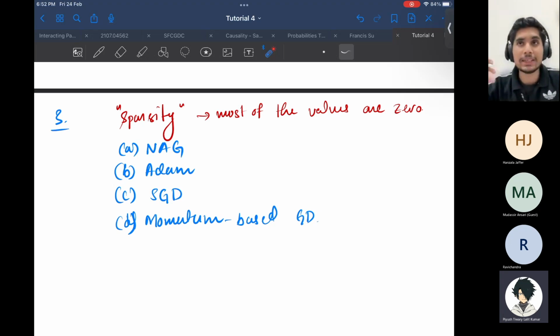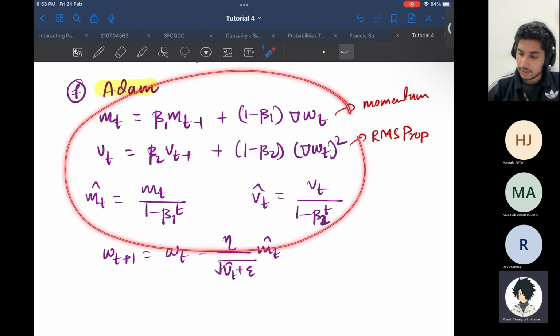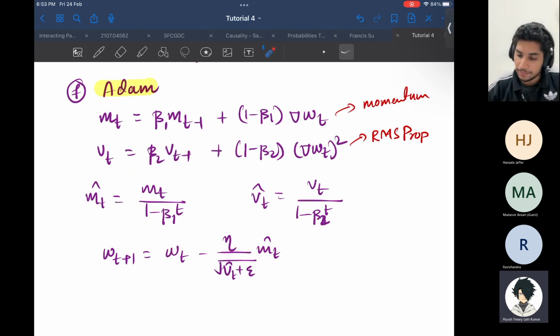Why will it be the best? The reason is that it takes into account the momentum-based updates as well as the momentum-based learning rate, as we saw here. This thing that we saw here is the essence of it.